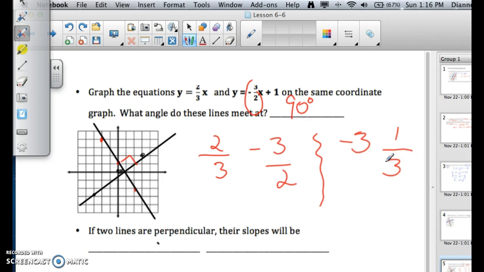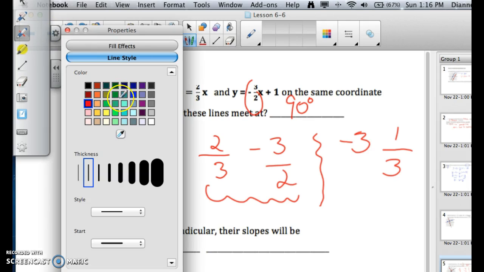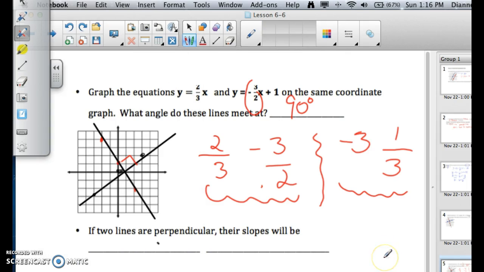So what do you know about these two slopes, 2/3 and -3/2, and the slope of -3 and the slope of 1/3? Oh my goodness, it's not letting me save.